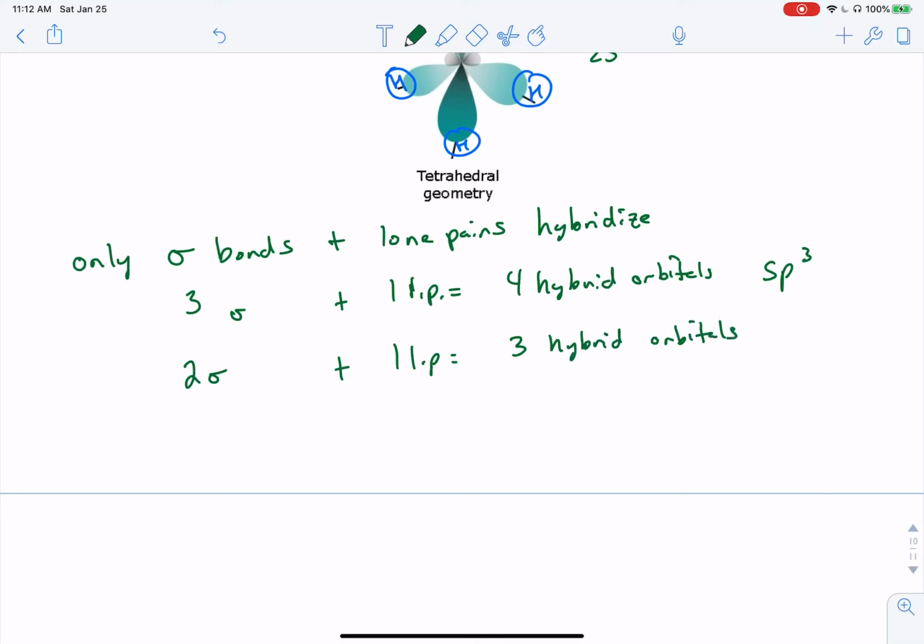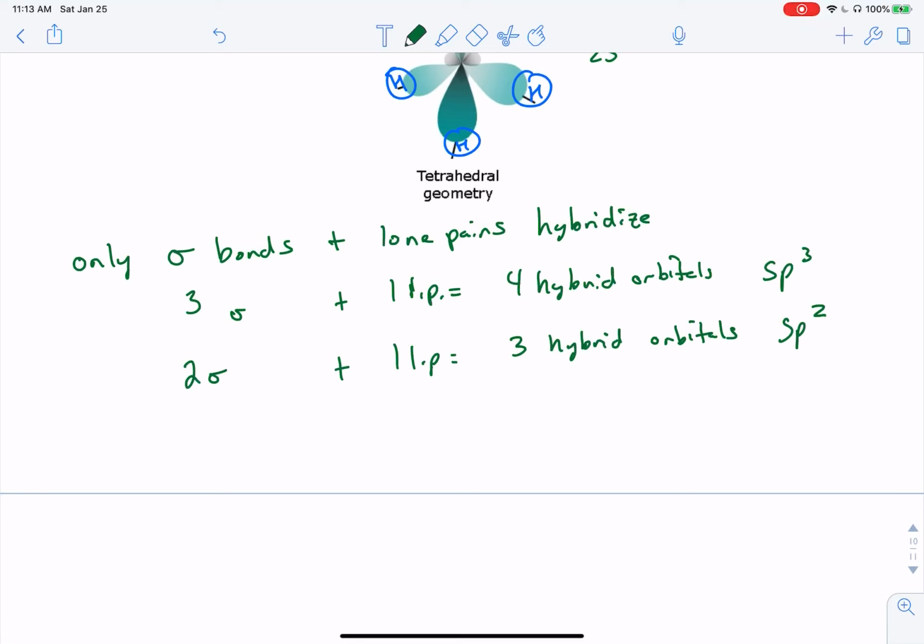So what orbitals would I use then? S and how many p's? 2. So guess what? It's sp2. Do y'all see what I'm doing to get the hybridization notation here? All I'm doing is figuring out how many hybrid orbitals I need, and I take that number of atomic orbitals for my hybridization. So if I need 4, I take my s and my 3 p's. So it's sp3 hybridization. If I need 3, I take my s and 2 p's.